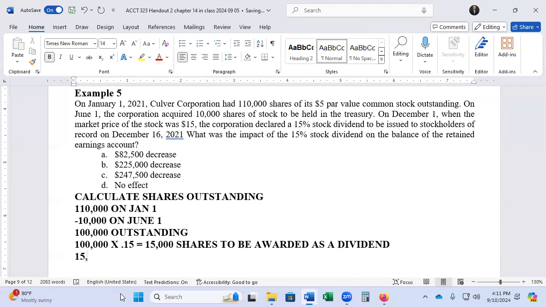We're going to take the 15,000 shares and multiply that times the market value, which they said is 15. And so I get 225,000.